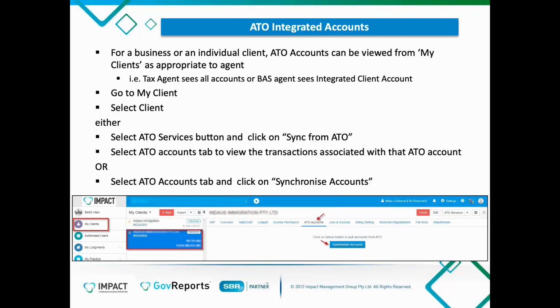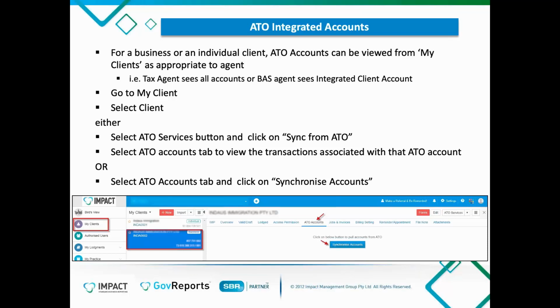If you are looking for the integrated accounts, you can see it on the dashboard. You can set it up so that it's on your dashboard and you can have that information there. Or you can go to My Client and select your client, and there are a couple of ways to sync that information so that you can see on that screen, it's got ATO accounts, and you can synchronize accounts there, and it will bring that information in.